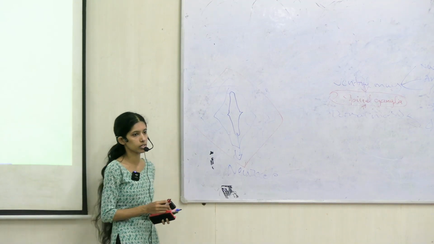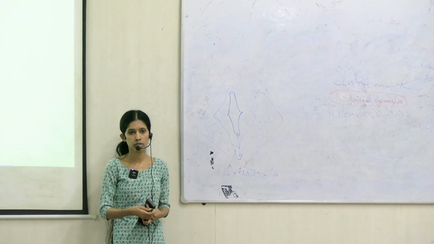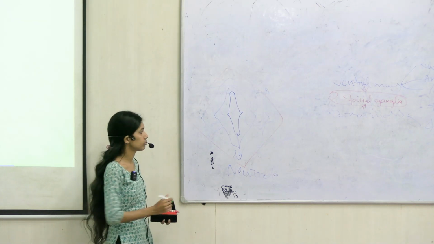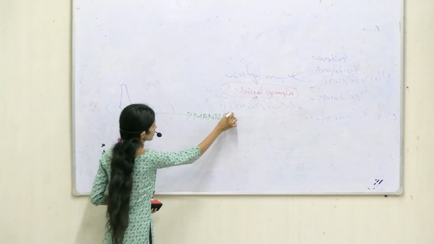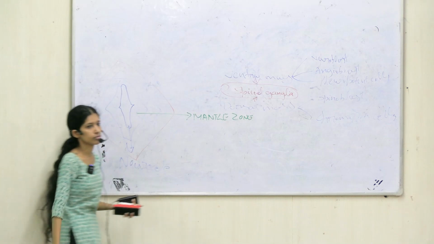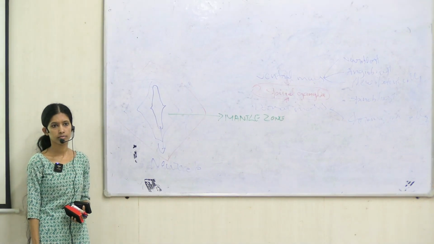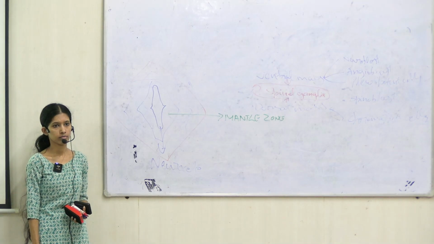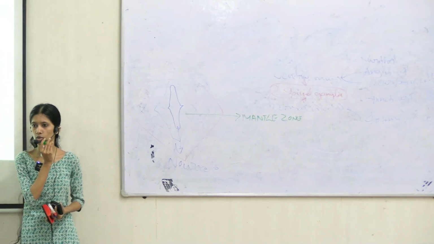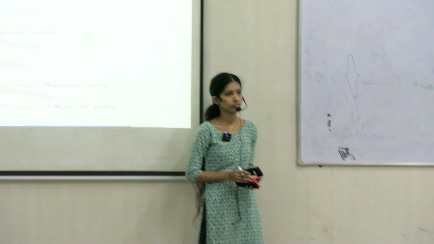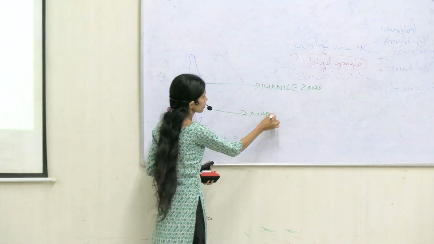The innermost one is called as mantle zone. What about the second and third? What are the other zones called as? The outer zone is called as marginal zone.